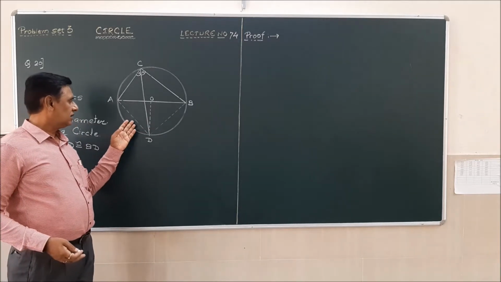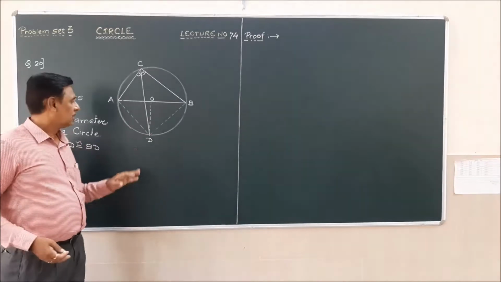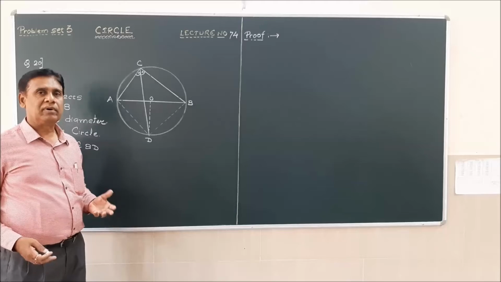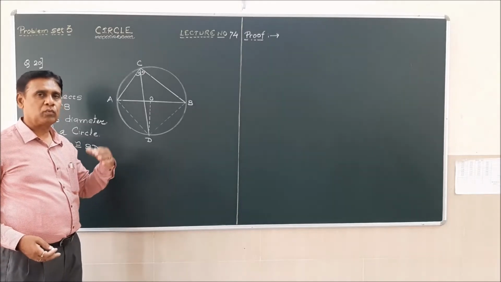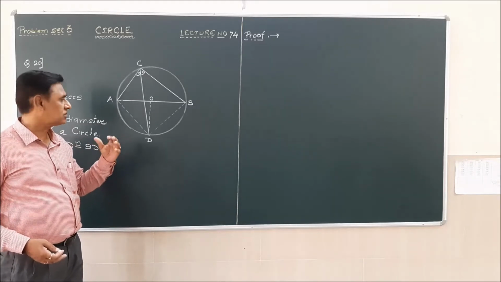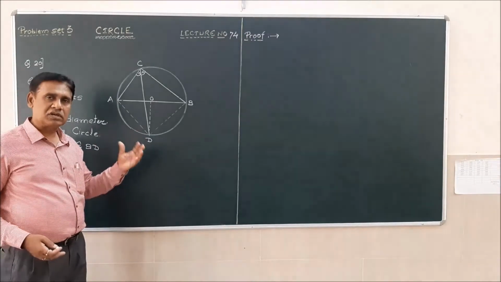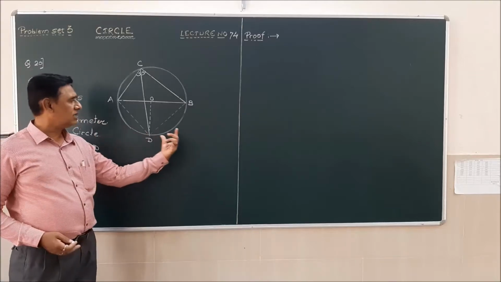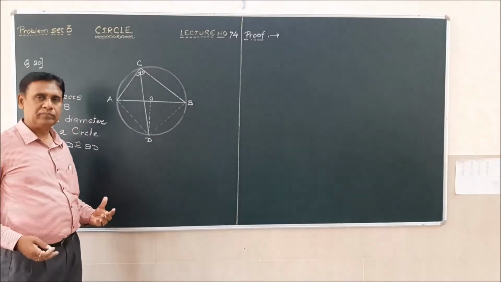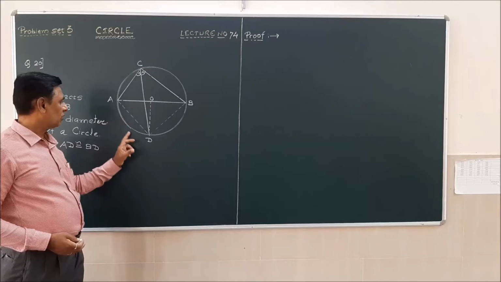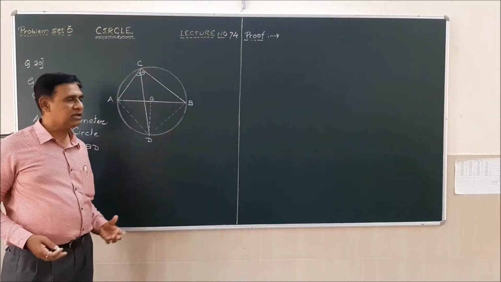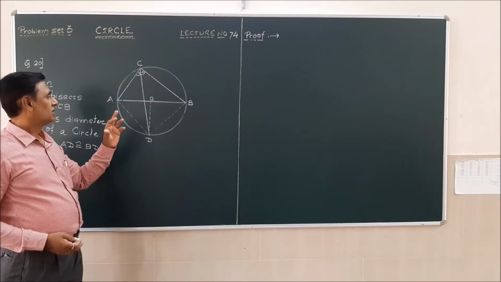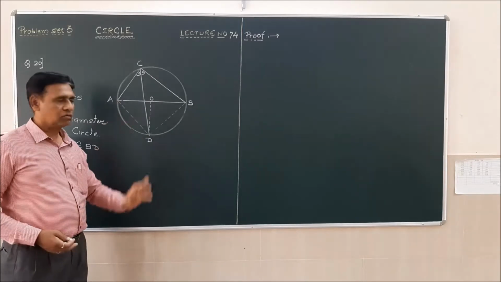Now AD and BD are chords, and I am going to prove it by the converse of corresponding chords of congruent arcs. So my aim is to prove arc AD is congruent with arc BD. If I can prove arc AD and arc BD are congruent, then naturally chord AD is congruent to chord BD.